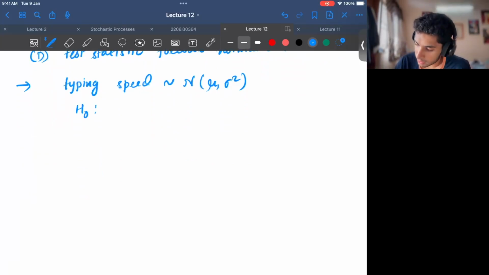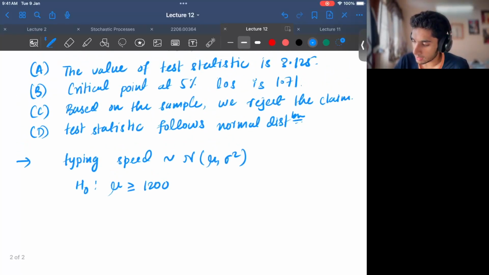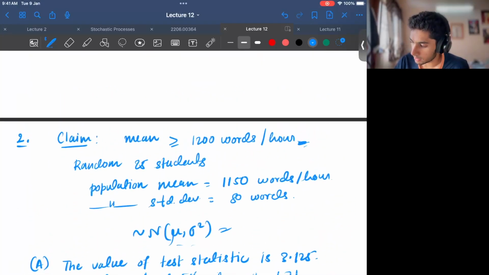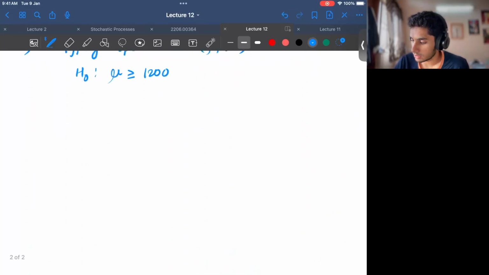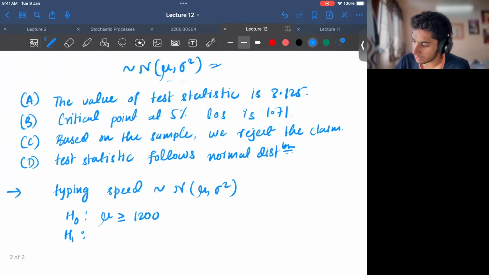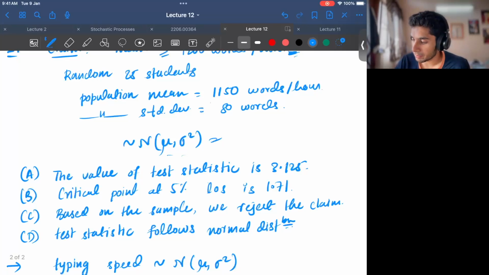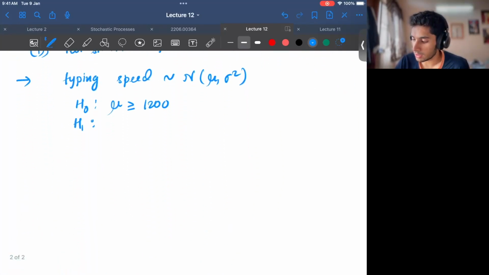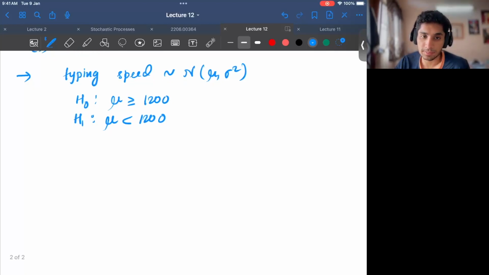H naught is that the mean mu is greater than or equal to 1200. That is what the claim of the business school was. And what is the alternate hypothesis? Since you have seen that the sample mean is less than 1200, your alternate hypothesis will be that mu is less than 1200.